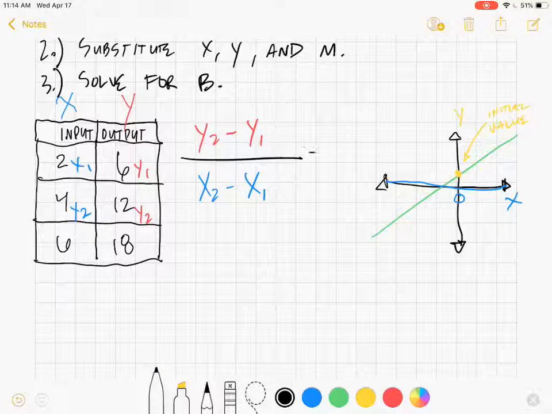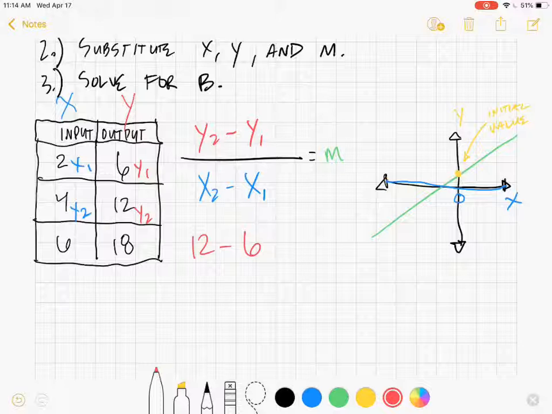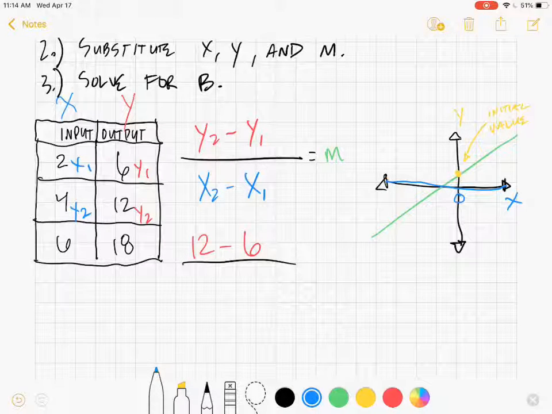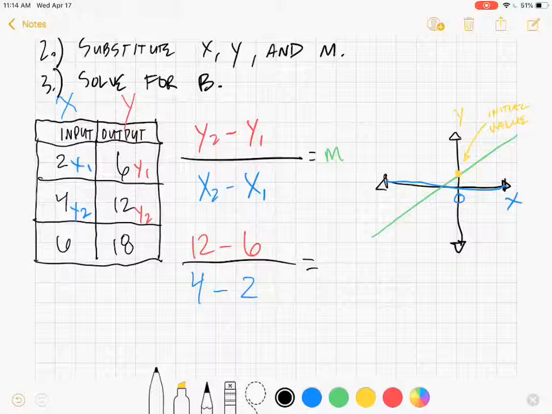This gives us the slope, or m, in y equals mx plus b. y2 is 12, y1 is 6, so 12 minus 6, over x2 is 4, x1 is 2, 4 minus 2. 12 minus 6 is 6, 4 minus 2 is 2.